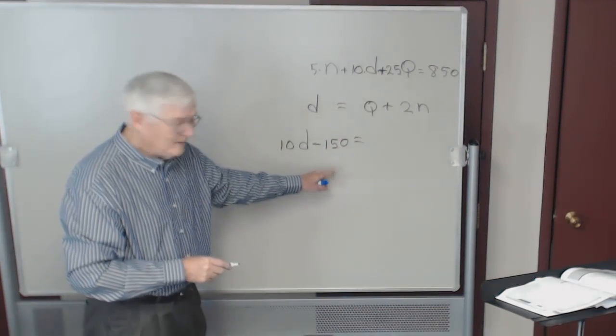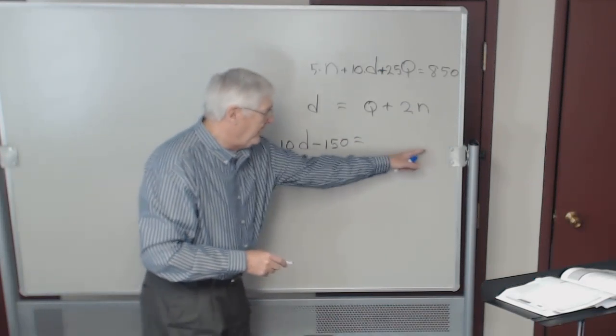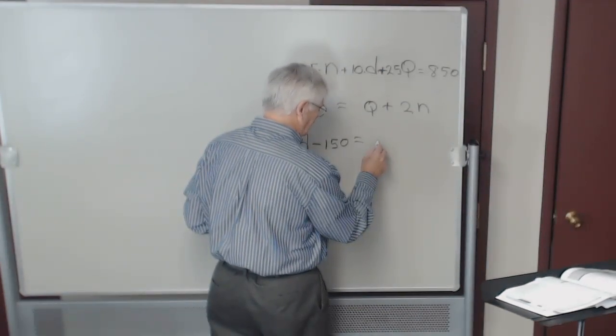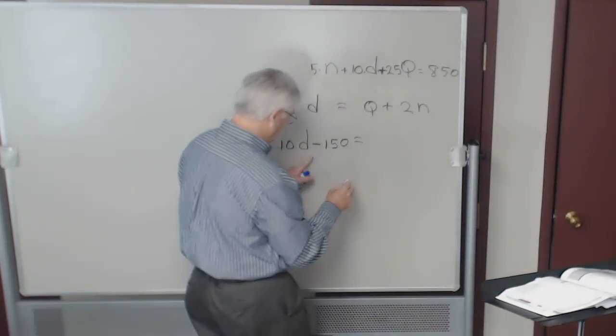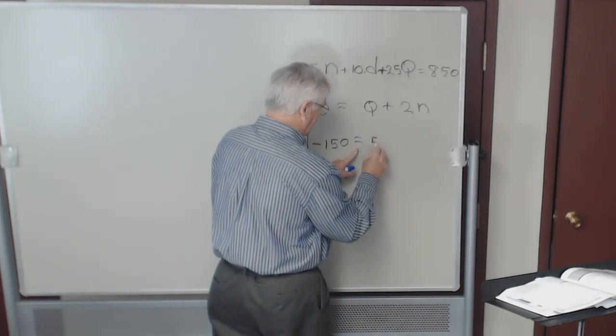You follow that? Because this number is 150 cents larger than what it said about the quarters and the nickels: the value of the dimes exceeds the combined value of the nickels and quarters by $1.50.